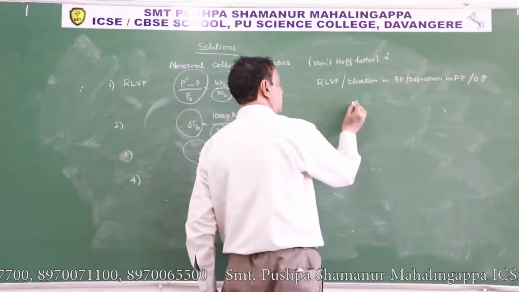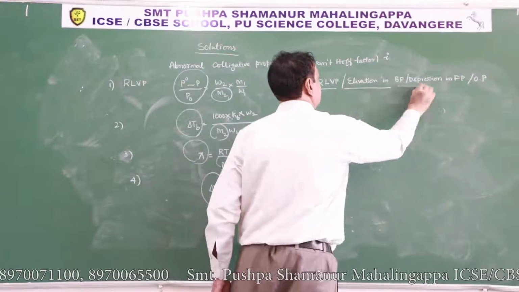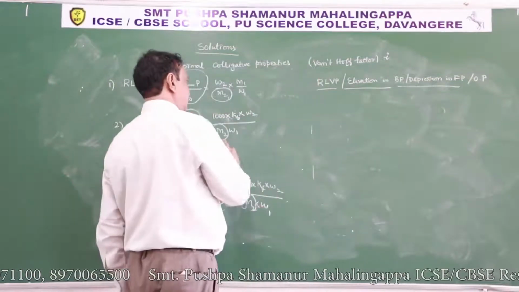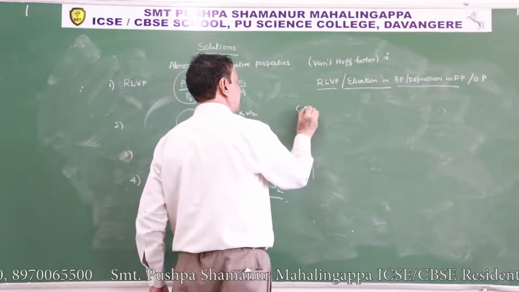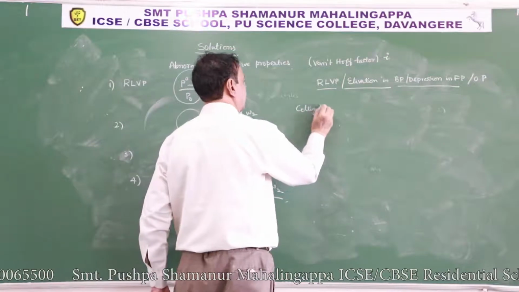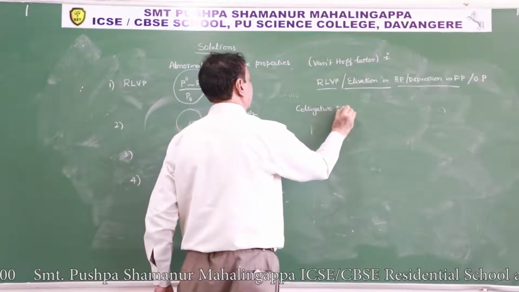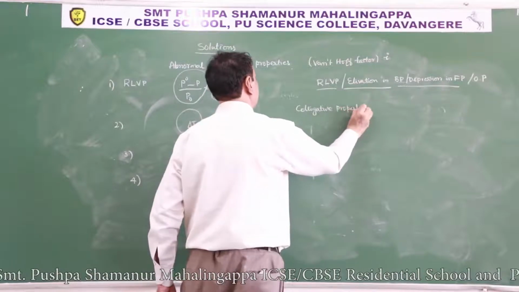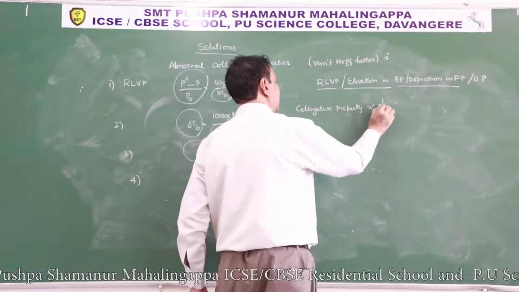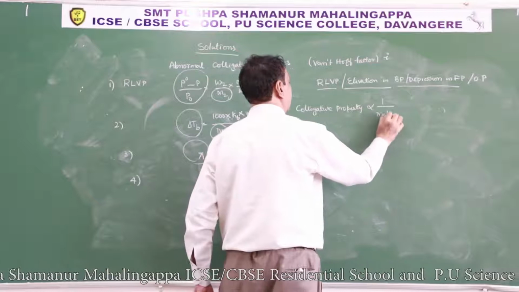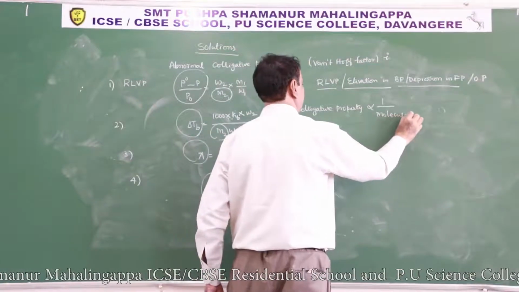In all the derivations we come across, the colligative property is inversely proportional to the molecular mass of the solute.